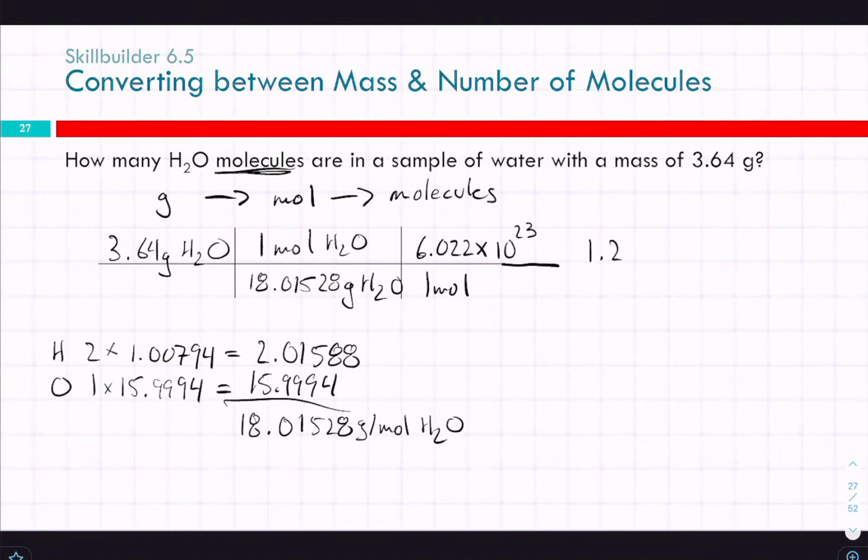So it's 1.2167 times 10 to the 23 molecules of H2O. Here we changed up the units a little bit from what we were doing before.